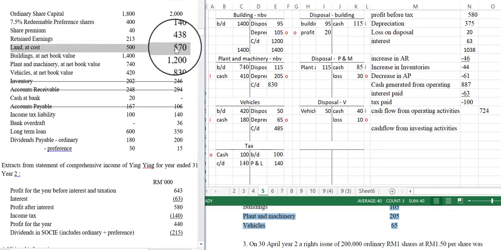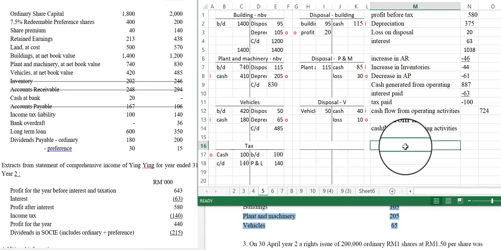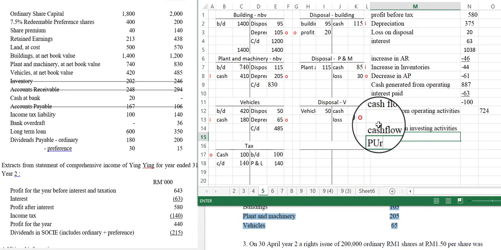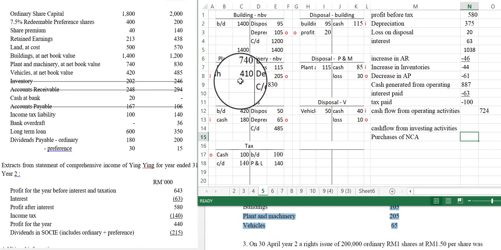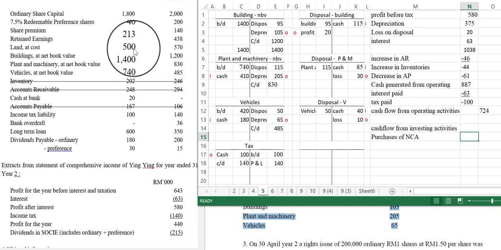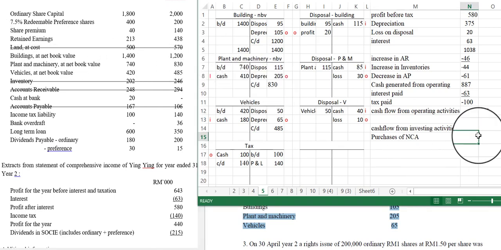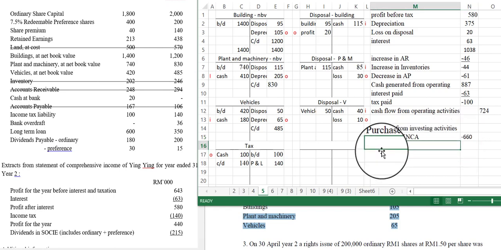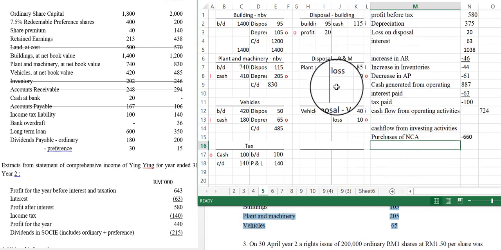Land increase means you have used your money to buy, so it goes back to these categories. So purchase of non-current assets will equal 410 plus 180 plus the increase here, 70. So 410, 480, total you have to minus 660 because you used your money to buy the assets. But when you sell your asset, you receive cash, right?